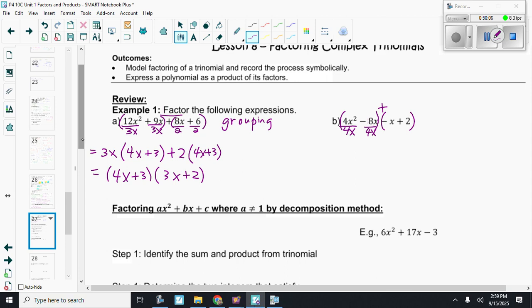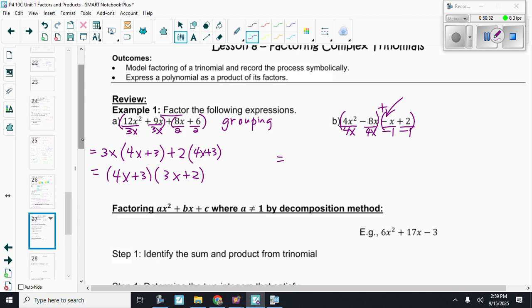You guys remember what happens if there's not really a GCF to pull out? The only thing that we can pull out now, since this term is negative, is a negative. There's nothing really in common, so it seems a little silly to pull out a 1, but that's what we have to do. We're going to pull out a negative 1.